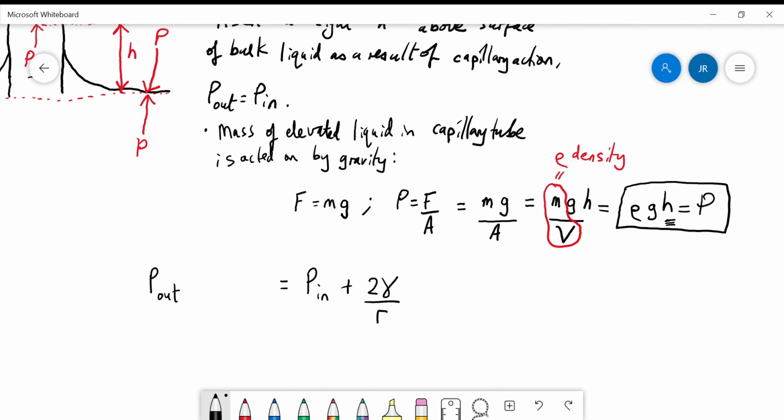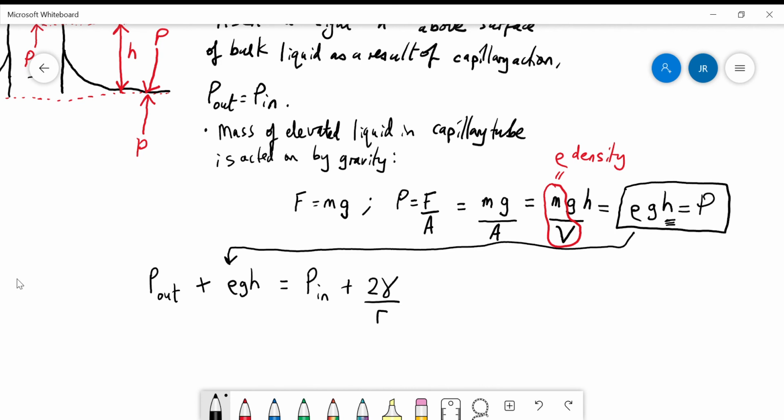Then this extra pressure term is definitely going to be in the same direction as gravity, which is in the same direction as P out. So we would naturally add it over here. So this is going to be rho g h. We've slotted it into our new updated version of the Young-Laplace equation.